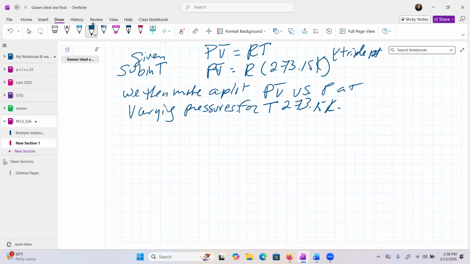And we see that as P goes to 0, the V bar goes to a familiar number.